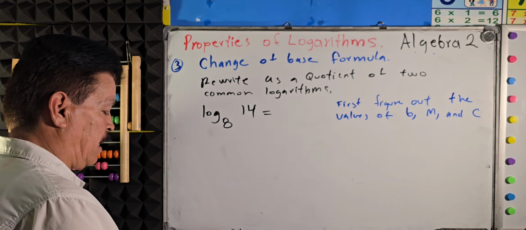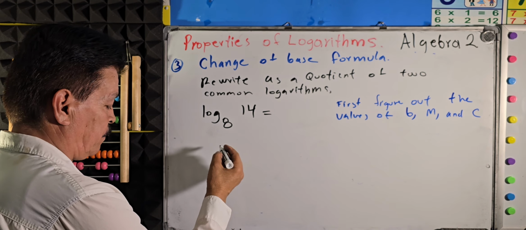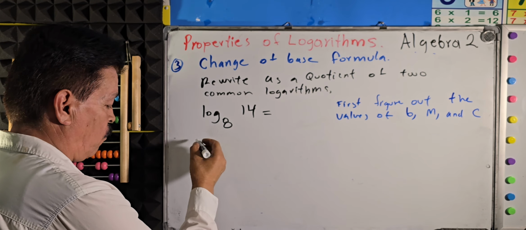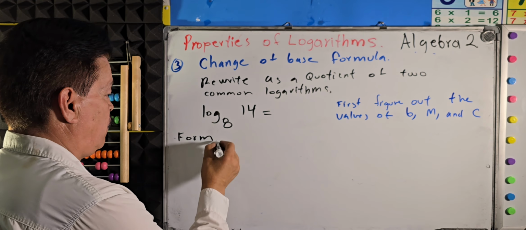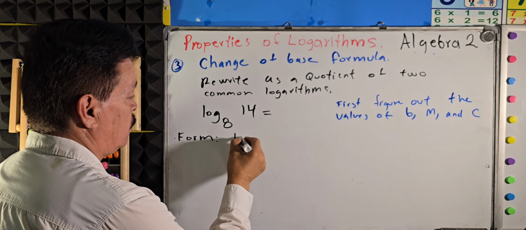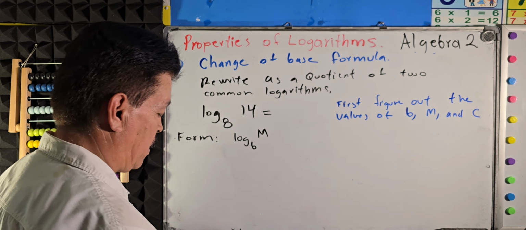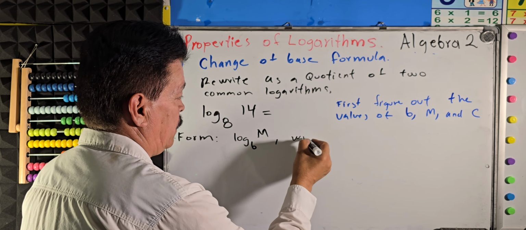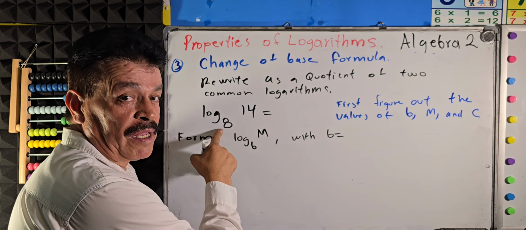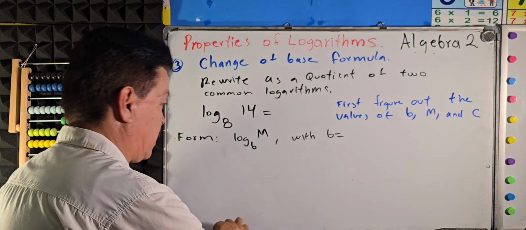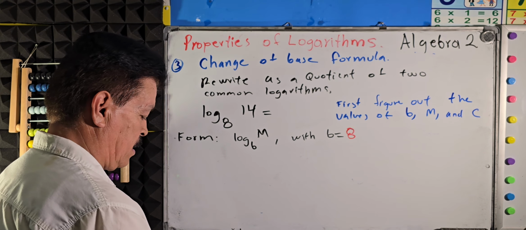So then the next step should be the form. Let's write the form. The form is log of M with the base B, right? You have to figure out B equals, how much is B? Let's write here, B is equal to 8, right there.